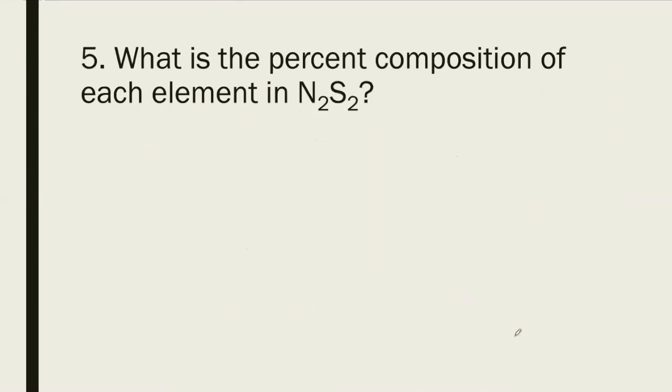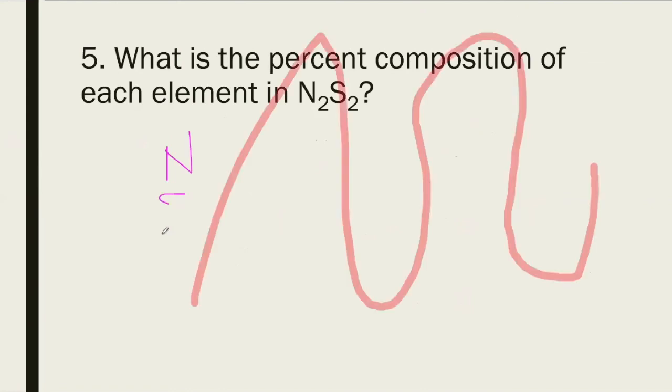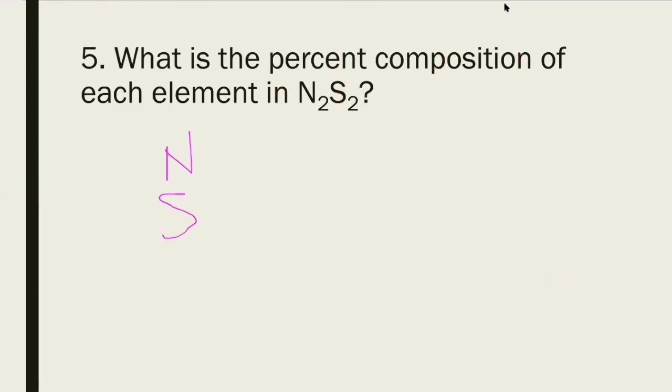Last question. What is the percent composition of each element in N2S2? So let's do N and S. Okay. So N has 2 atoms and sulfur has 2 atoms.